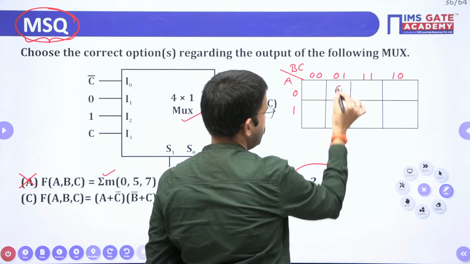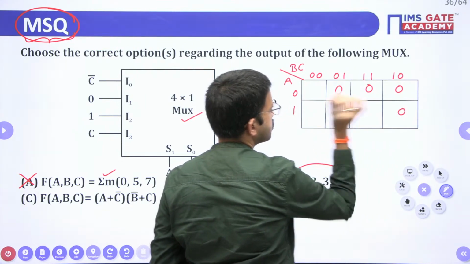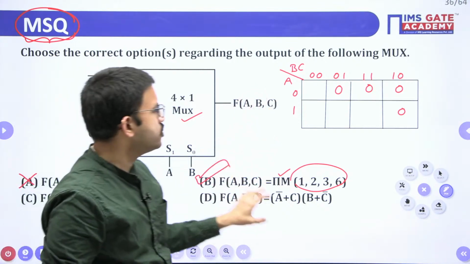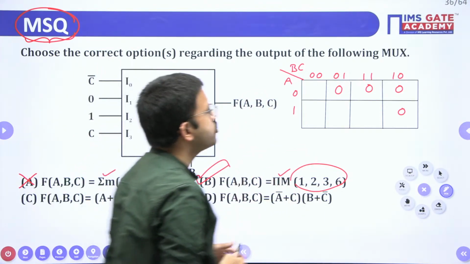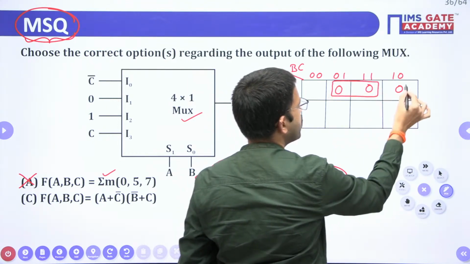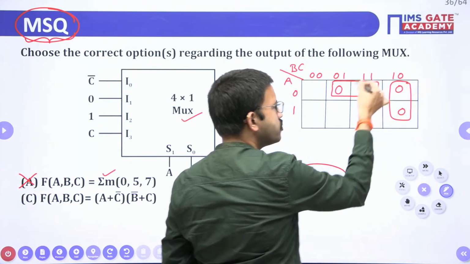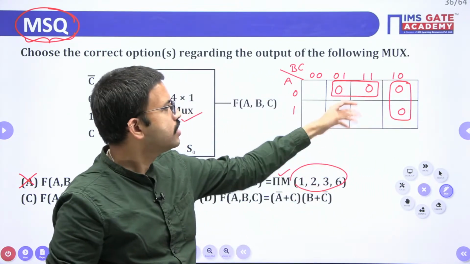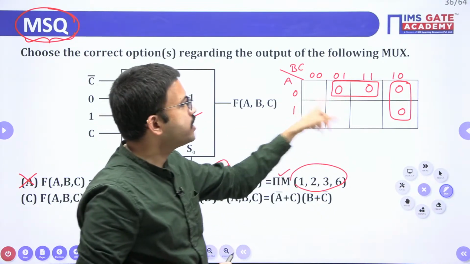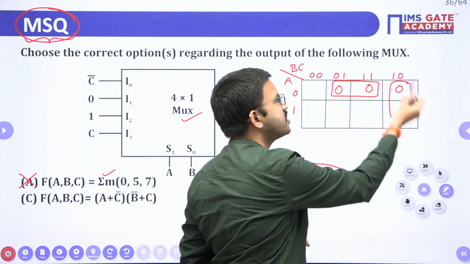0, 1, 2, 3, 4, 5, 6. Okay, so this is the K map corresponding to this particular function. Now we have to do the groupings. You can do the grouping of these 2 zeros, but it is not required because it is redundant. As I told in yesterday's class, with experience you will avoid this kind of grouping.